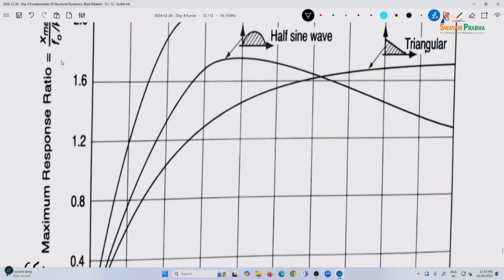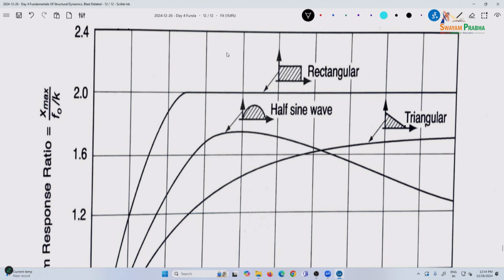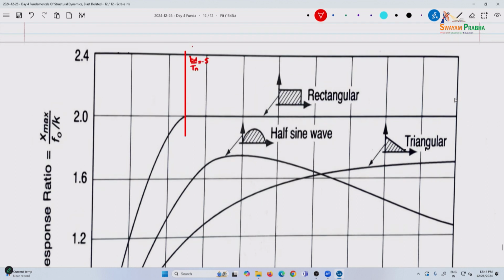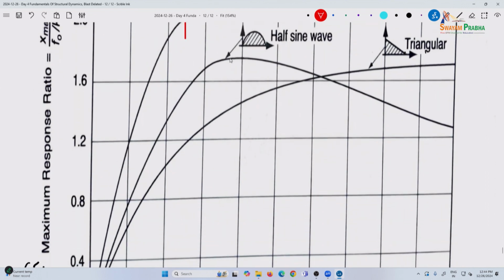If you see here, peak is at 0.5, and then it remains, whereas triangular loading is the one that I drew.